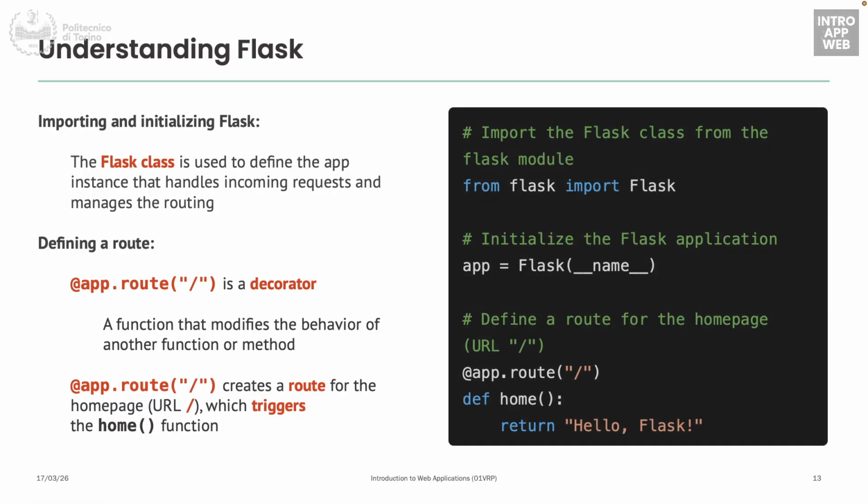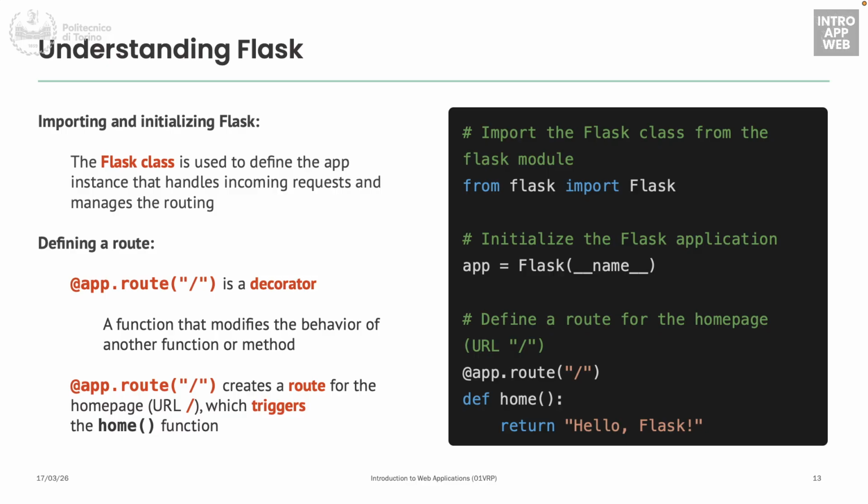Okay, so let's try to make more serious sense of what everything means. The Flask class is used to define the app instance and handle the incoming requests. Then route, as I told you, is a decorator, a function that modifies the behavior of another function or method. In this case, it adds functionality to a simple function such as home.